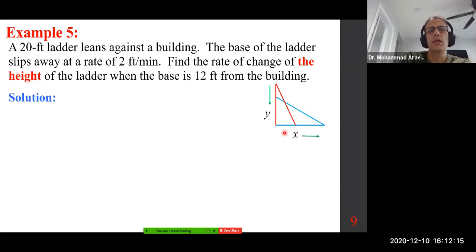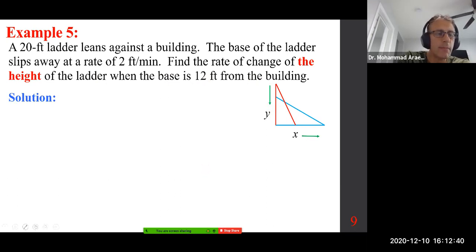So dx dt is 2 feet per minute. And we want to find dy dt. And the length of the ladder is fixed at 20 feet. And we want to find dy dt when x is 12 feet.